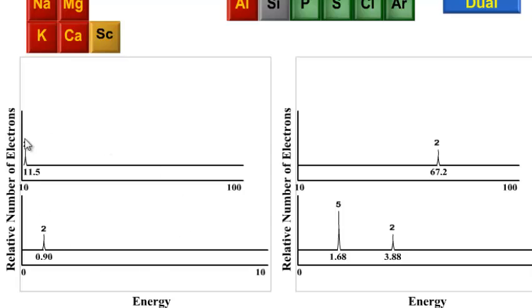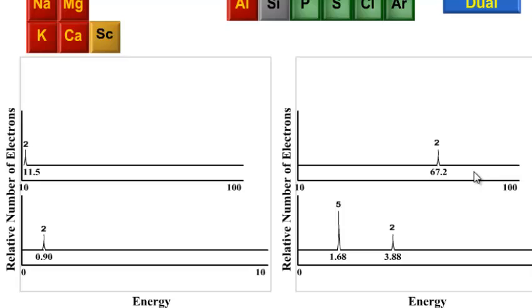Okay, let's look at this in dual mode. Here's beryllium. Beryllium has 2 peaks, one here at 0.90 and one here at 11.5. Fluorine has 3 peaks, one at 1.68, one at 3.88, and one at 67.2.